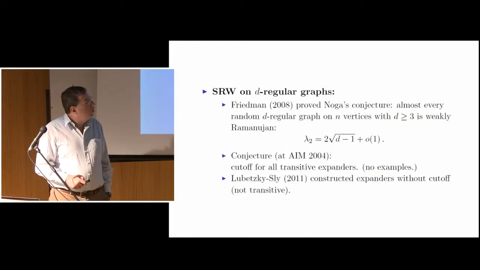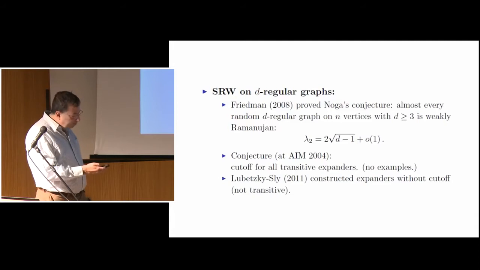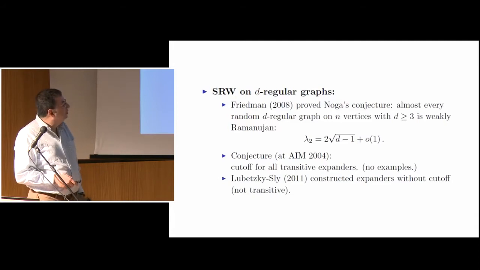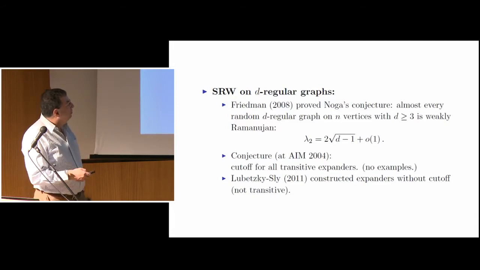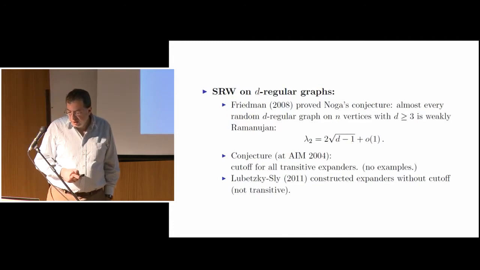So I'm recalling again the definition of cutoff: T mix epsilon doesn't depend on epsilon, so T mix epsilon and T mix epsilon prime have ratio going to 1 along a sequence of graphs, and our goal will be to understand cutoff in different graphs, in particular the Ramanujan graphs.